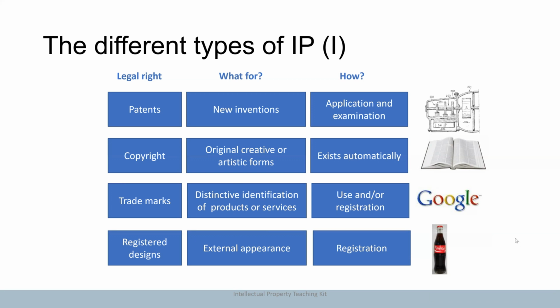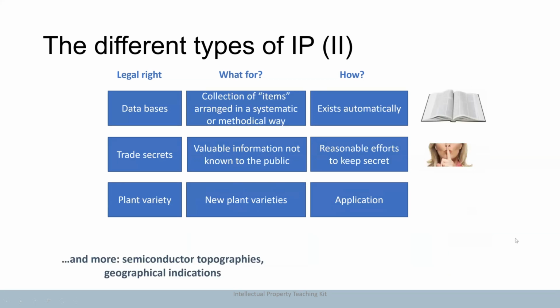Then we can have databases, which are a form of legal right over a collection of items arranged in a systematic or methodical way. And they also exist automatically when we have realized our collection, our database, in fact. Then there are the trade secrets, also referred to as the know-how very often.